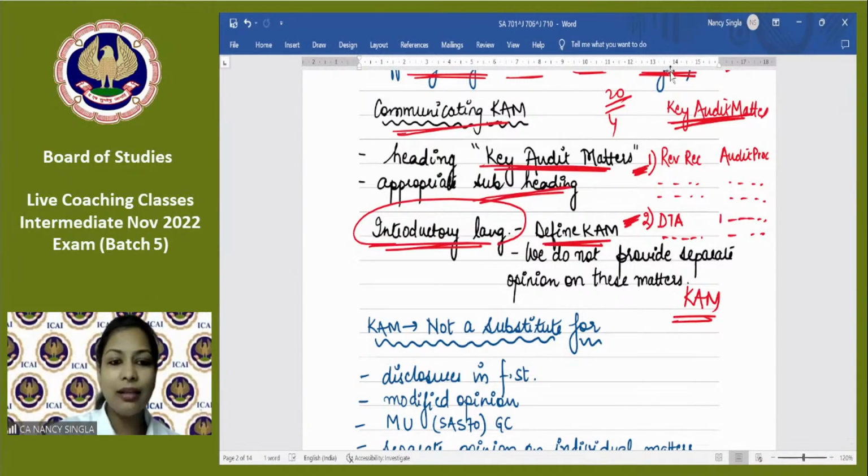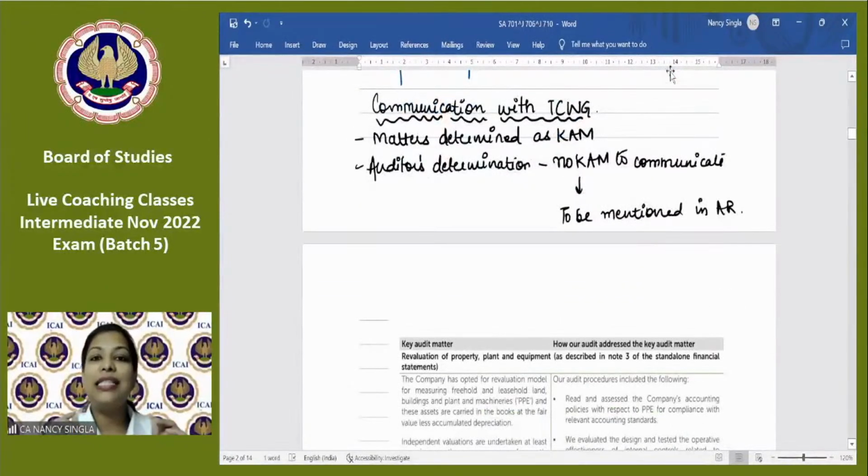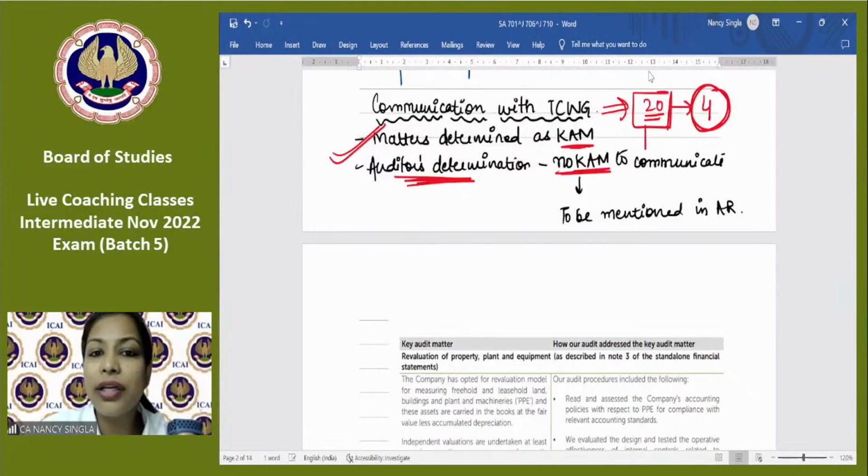Okay. Then further, whatever matters the auditor has determined to be key audit matters, the auditor will communicate them to those charged with governance. That is, of the 20 matters I have discussed, these 4 matters I am taking as key audit matters in my report. And having determined, if the auditor determines that there are no key audit matters, suppose out of 20 matters, as per his professional judgment he determines that no matter is most significant, there is no matter that needs to be told to users.